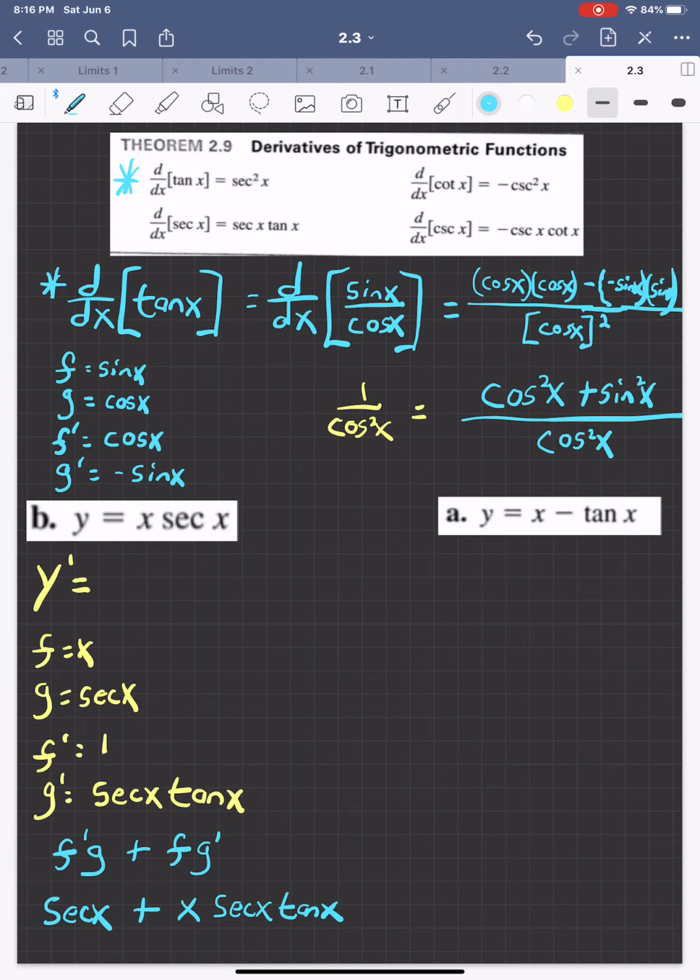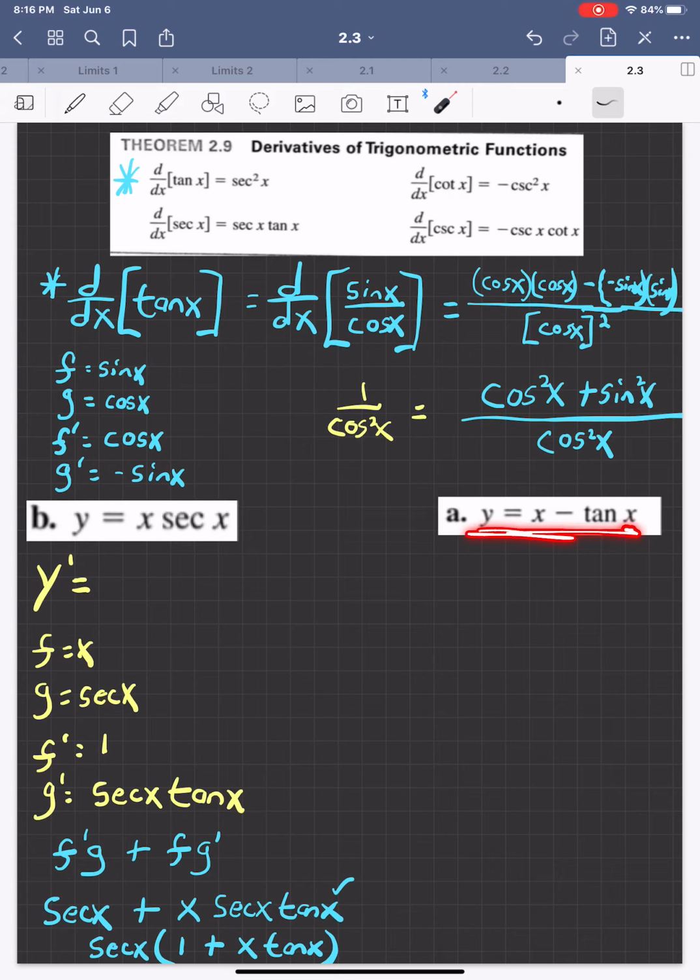If you looked it up in the back of the book, they would probably factor out a secant x, leaving you with 1 plus x tangent of x. But I'm happy here. Okay, so now we did part B first instead of part A first.